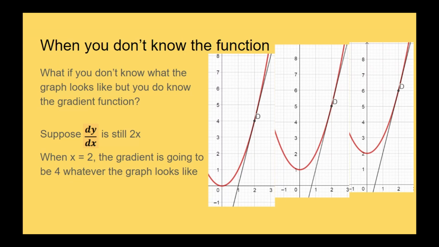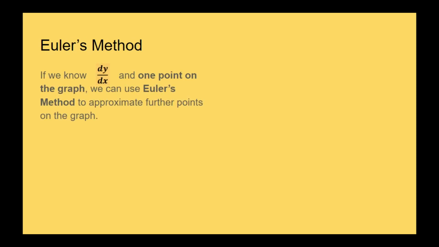We know the value of the gradient, how steep the tangent will be. Okay. What about Euler's method? Euler's method for approximating a point on the graph, we use it when we do know the gradient function, but we also know a point on the graph.